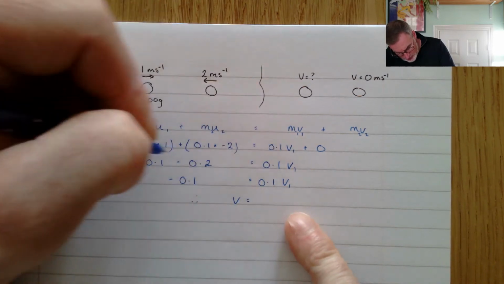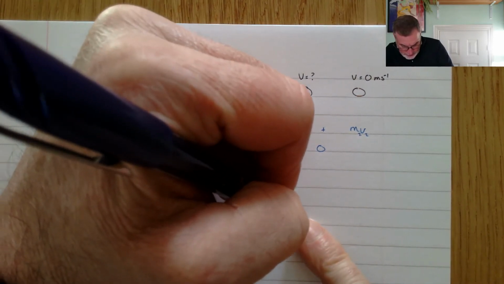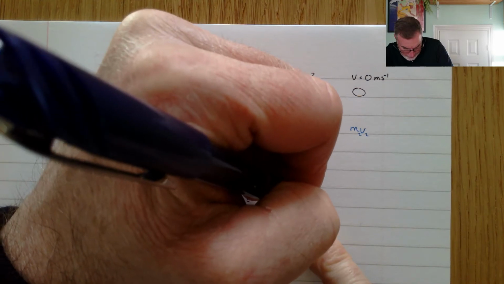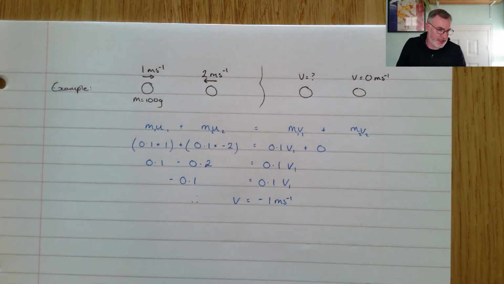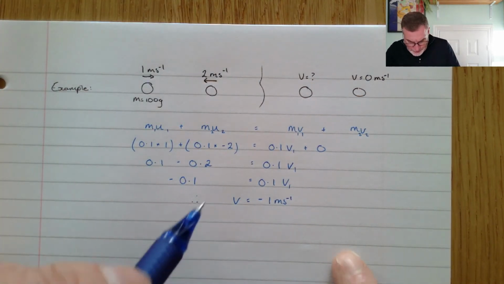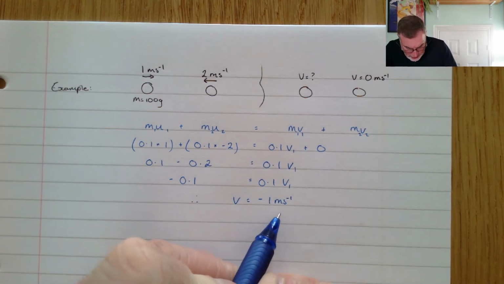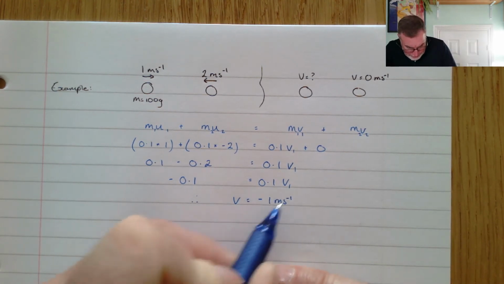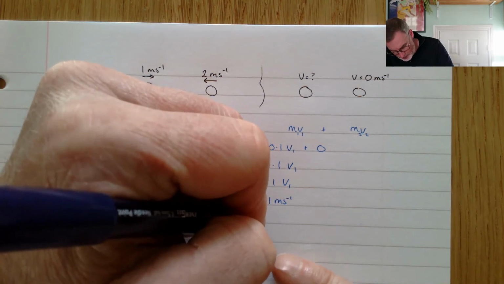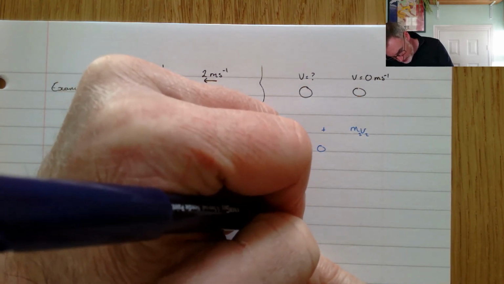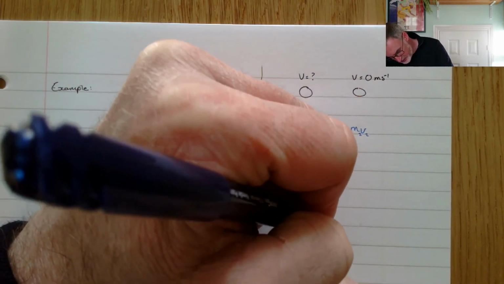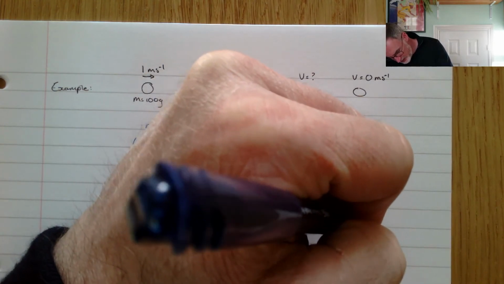Therefore V1 is going to equal minus 1 meter per second. So this is minus 1 meter per second, or 1 meter per second to the left.